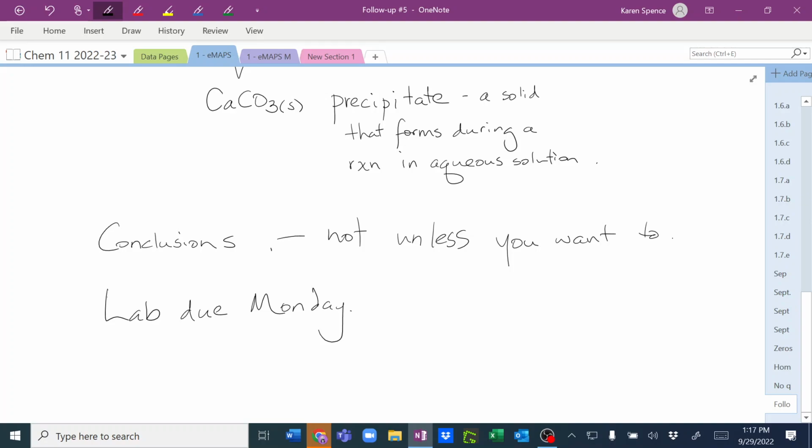What should I do? No, you're supposed to draw pictures of the procedure. You got that? So it says draw the procedure. Right. Draw the procedure.